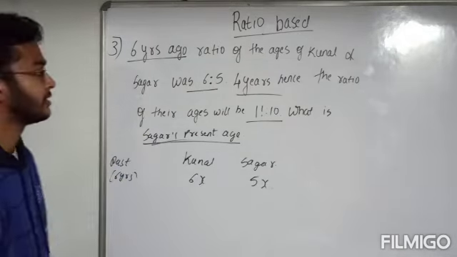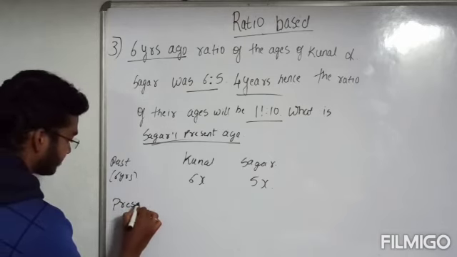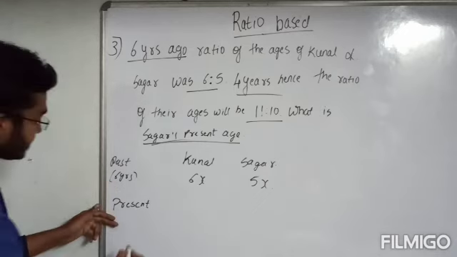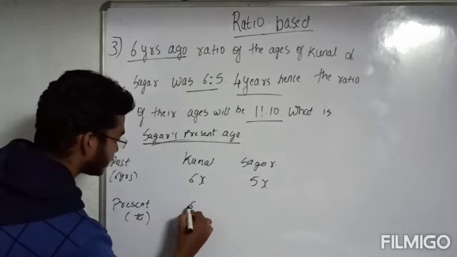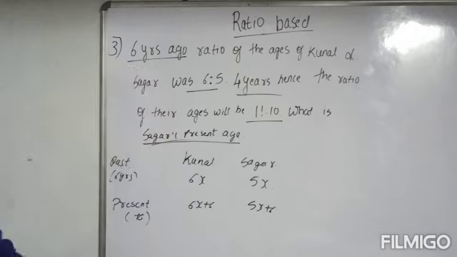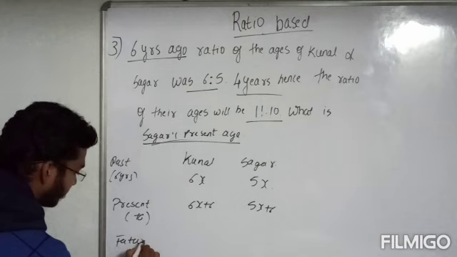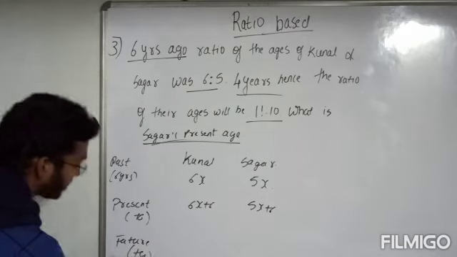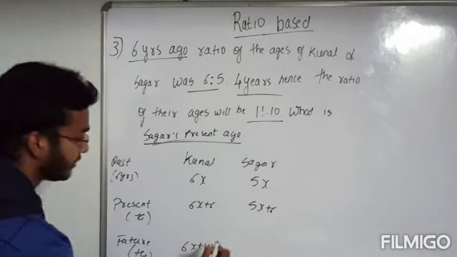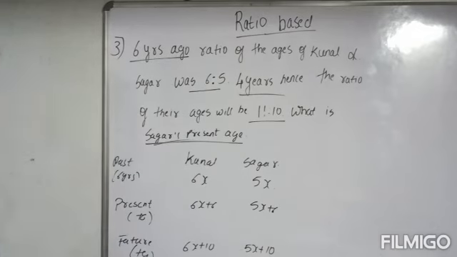4 years hence. So I'll calculate the present age for better understanding. Present will be 6 years from the past, that is adding 6 years. So 6x plus 6 and 5x plus 6. Hence means from the present, 4 years future, so plus 4. 6x plus 6 plus 4 is 6x plus 10. 5x plus 6 plus 4 is 5x plus 10.